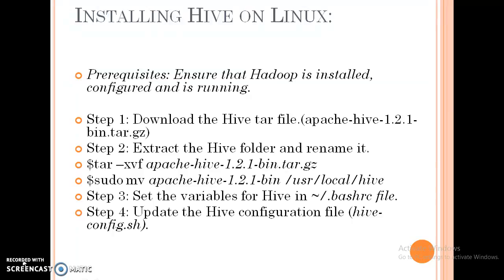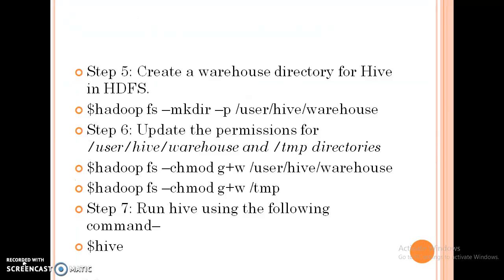Next we need to set up the variables for Hive in the bashrc file. The next is to update the Hive configuration file, hive-config.sh. Then the fifth step is to create a directory for Hive in HDFS by hadoop fs -mkdir -p /user/hive/warehouse.